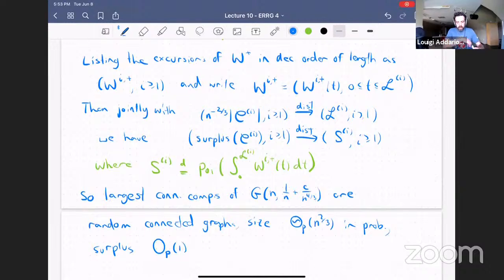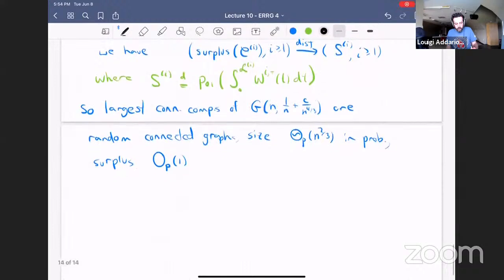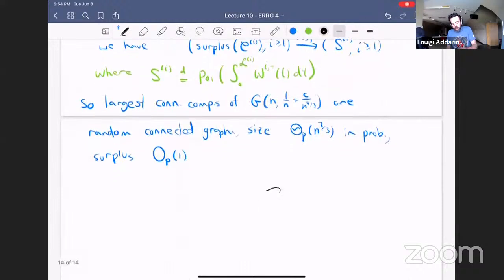And so this really puts us back in the regime of the graphs we studied in the first part of the course. We saw that if you fix a large random graph with large number of vertices and a fixed surplus, then we know how to build one of those distributionally.